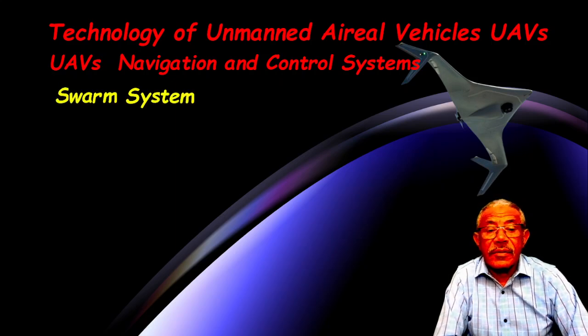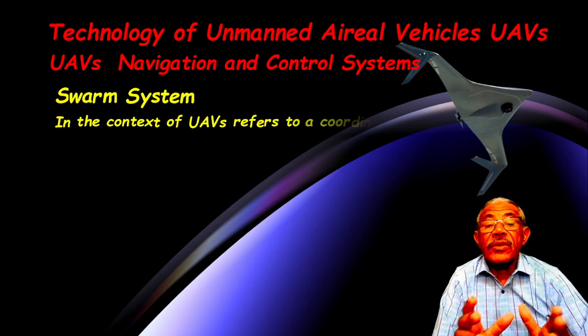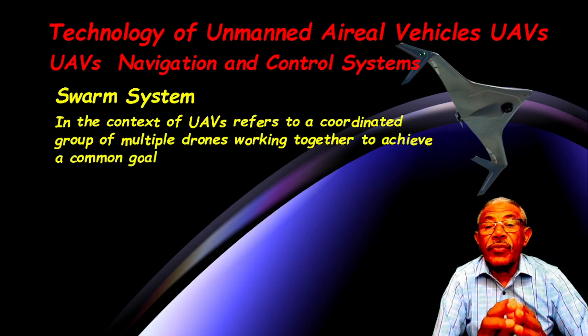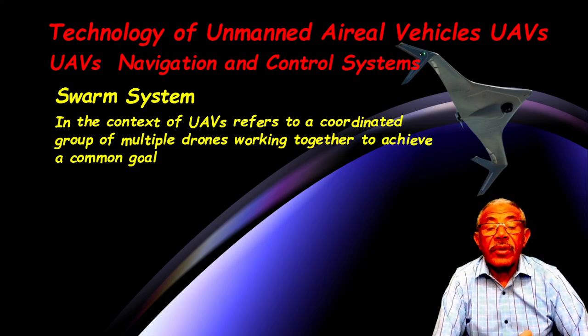Swarm systems, in the context of UAVs, refers to a coordinated group of multiple drones working together to achieve a common goal.